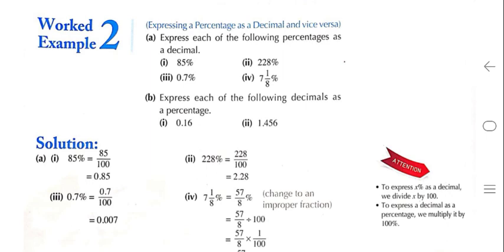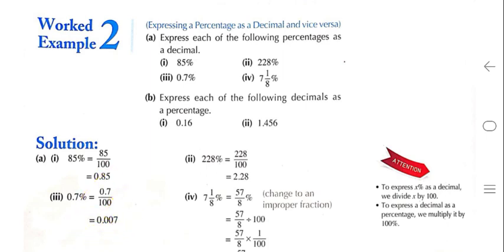Same thing goes here. 0.7%, 0.7 over 100. Now if you want to turn this into a fraction, you will times both by 10, so no decimal, 7 over 1000. But here, because you want to change it to a decimal, you just divide it.